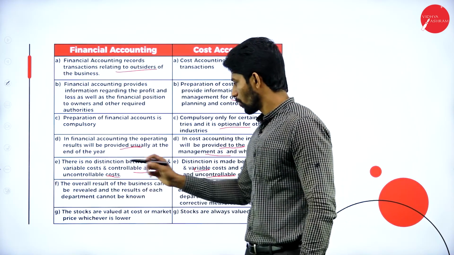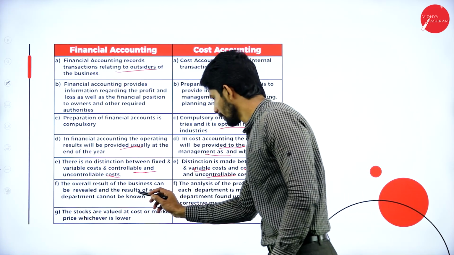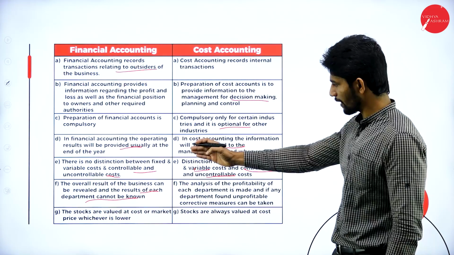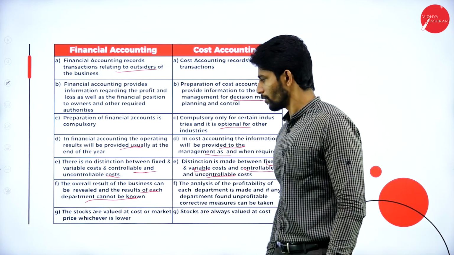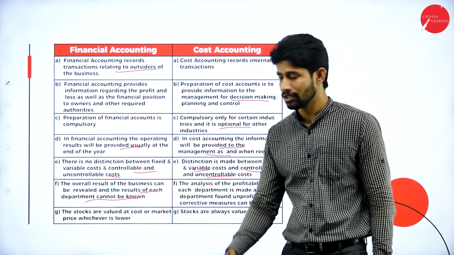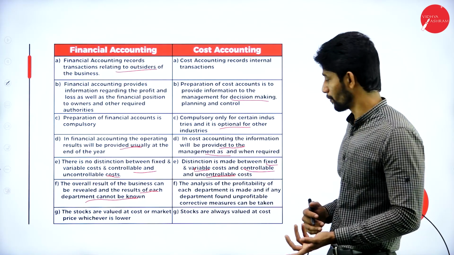Next one, the overall result of the business can be revealed and the results of each department cannot be known. Yes, in financial accounting, the overall result of the business can be revealed and each department result cannot be known by every person.